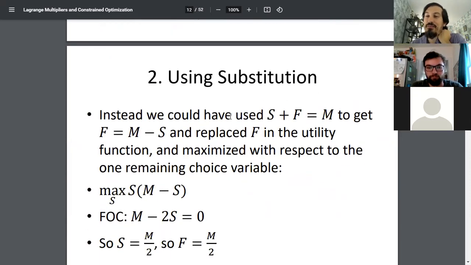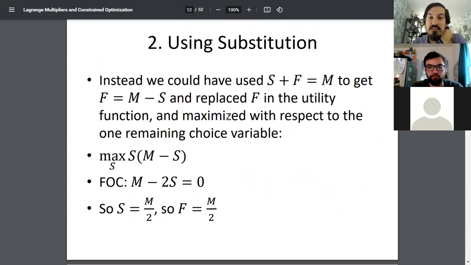So here's an even faster way using substitution. If we had just looked at the problem and said, okay, s plus f equals m, that's the budget constraint. If I use that to solve for f in terms of s, I would get f equals m minus s. And then I would replace that into my objective function.